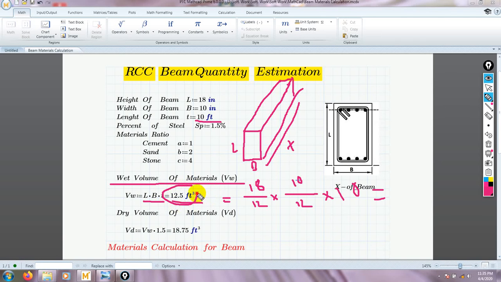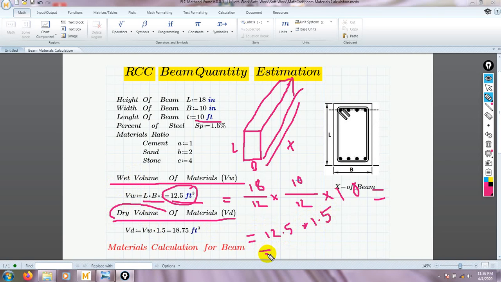When we find our wet volume, then we have to calculate our dry volume. What will be the dry volume? Dry volume is 1.5 times the wet volume. So our wet volume is 12.5, into 1.5.